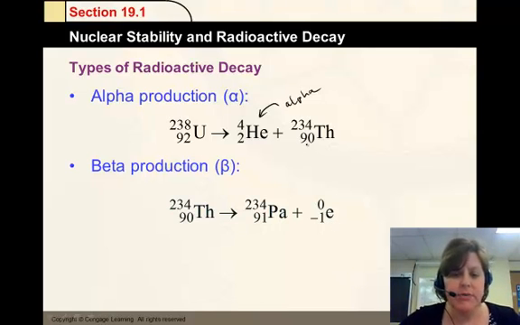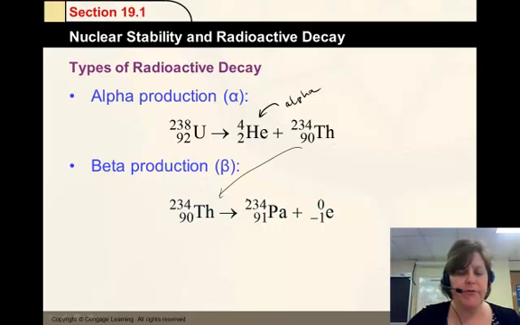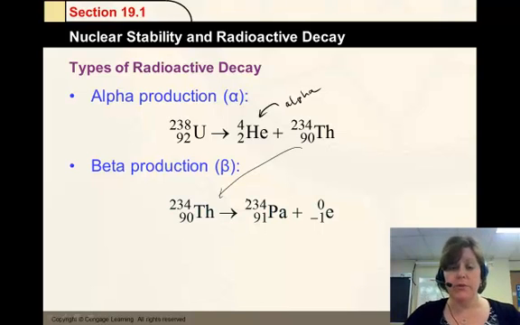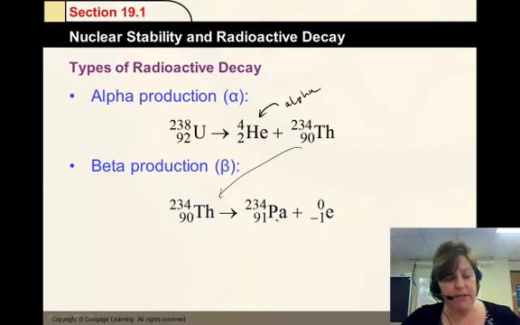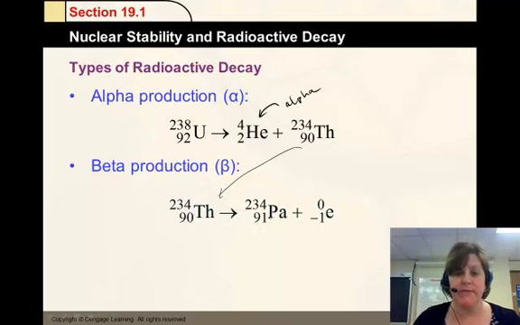You can see that this reaction is one that took the alpha production from uranium-238, then thorium-234 was produced, and then it continued to break down, and you'll notice it produced Pa-234 with atomic number 91. So that's what I mean when I said it's the effect of changing a neutron to a proton, because the number of protons have increased by 1. That's beta production.